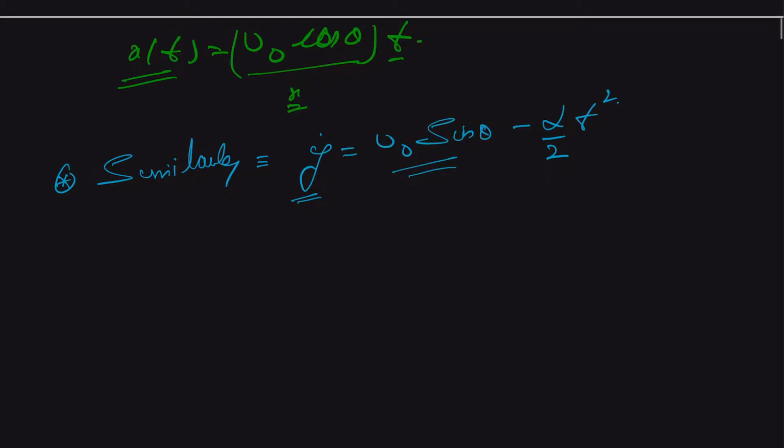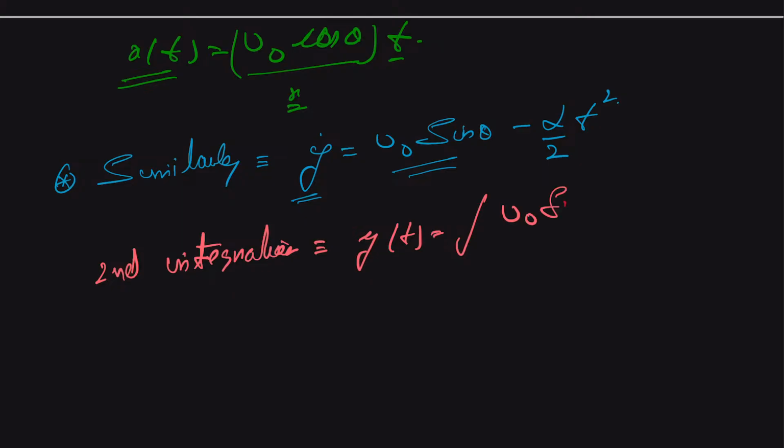Once again we can write that if we do its second integration, the second integration is going to give us y of t as the integration of v naught sine theta dt minus the integration of alpha by 2 t square dt.